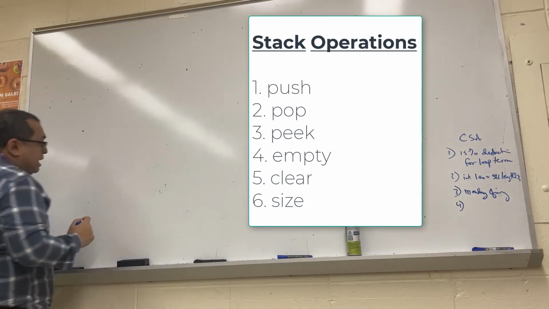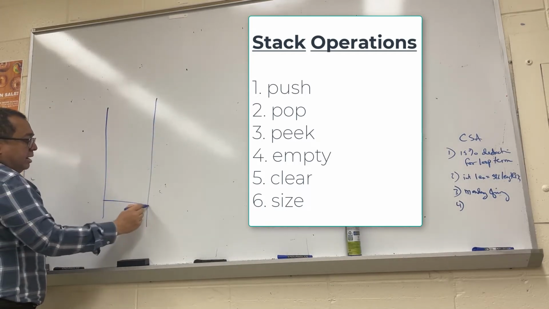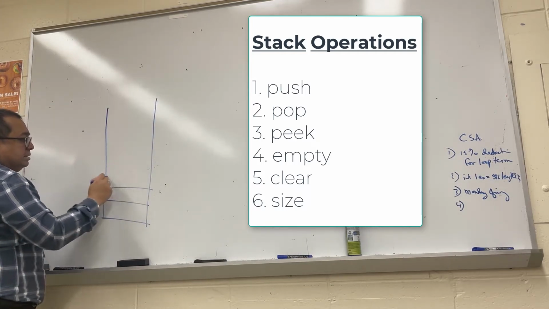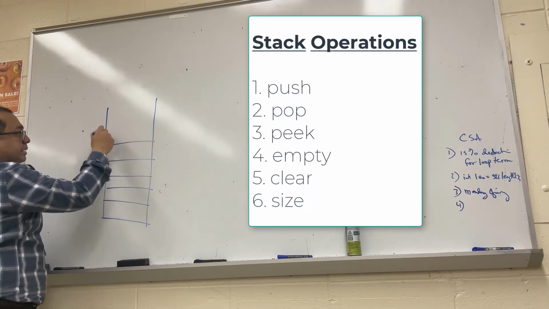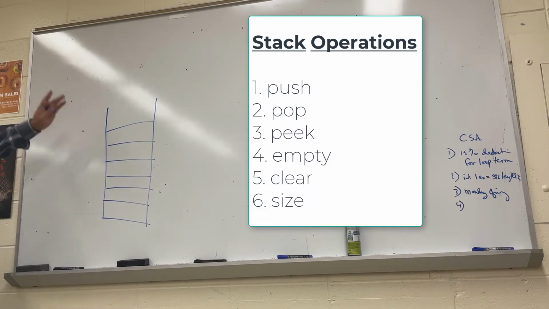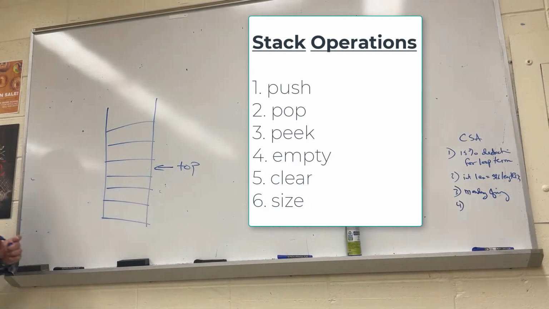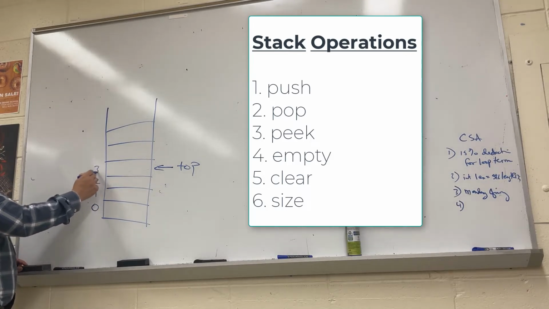Let's talk about a stack. The stack basically is an array, and I'm going to draw the array like this. You can think of this stack as like a stack of dishes. The way this works is that there's a pointer called the top pointer, and all it does is tell us where the next element is going to be inserted.